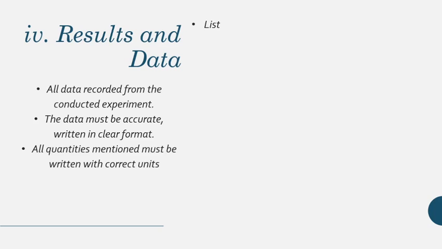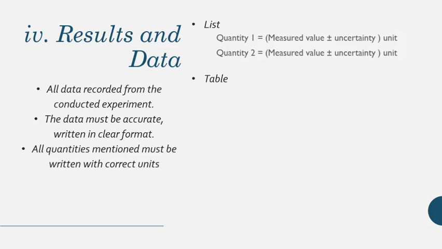So how can we write the data? The data can be written either by listing them or by putting all the data in a table. So how to list data? For example, maybe you have a quantity, so you just state the measured value, and then don't forget the uncertainty along with the unit of that quantity.